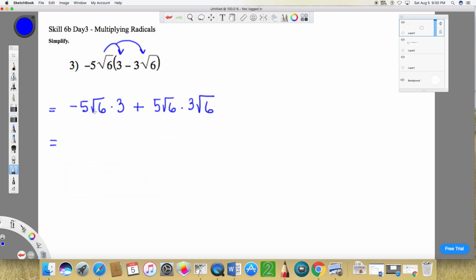So what they expect us to do is to take the negative 5 times the 3 and write that as negative 15. And it is suggested that you put that in front of the radical, that you have radical 6 here. In the second term here, we have 5 times 3, which is 15. And square root of 6 times the square root of 6 is the square root of 36.